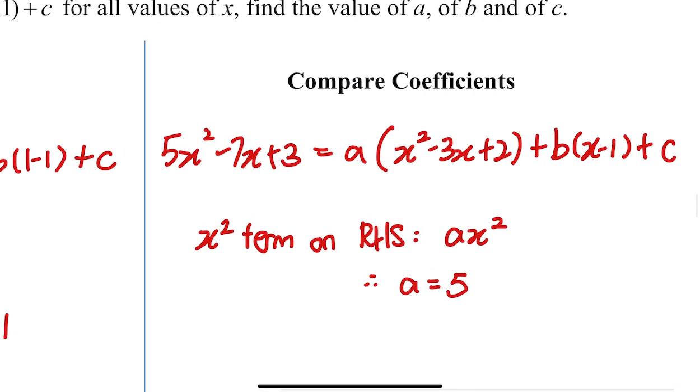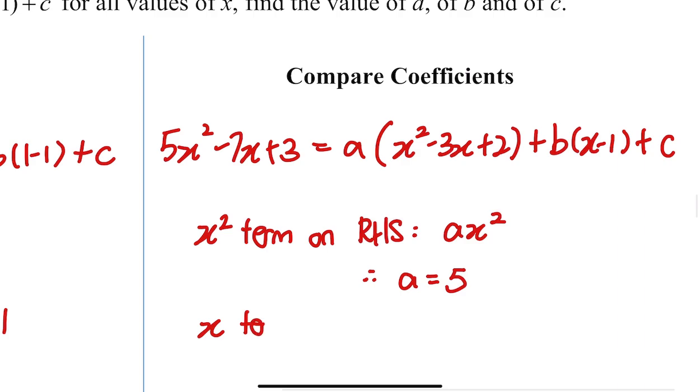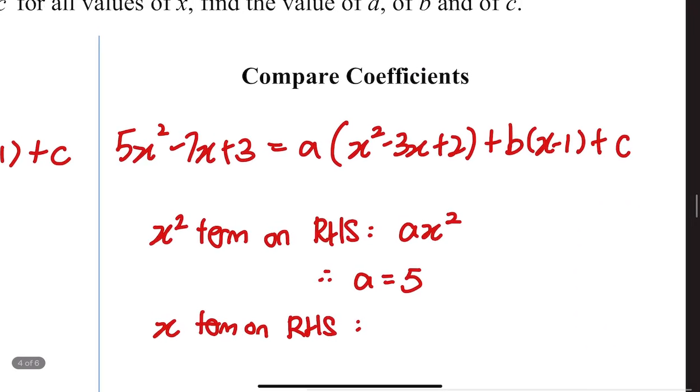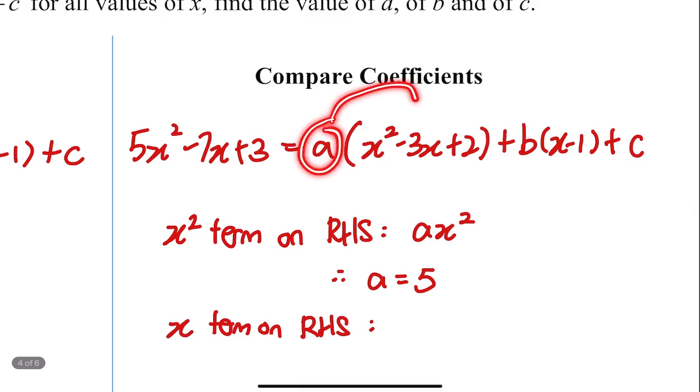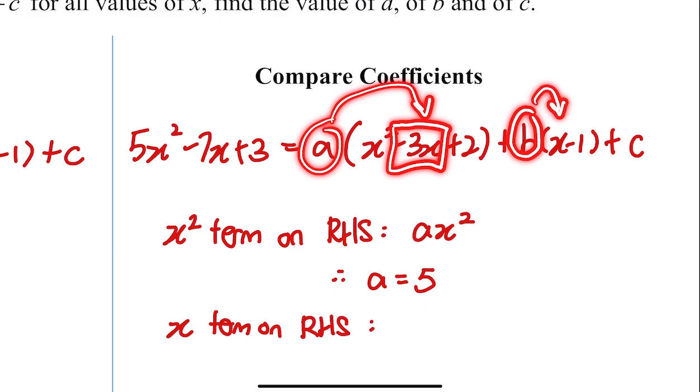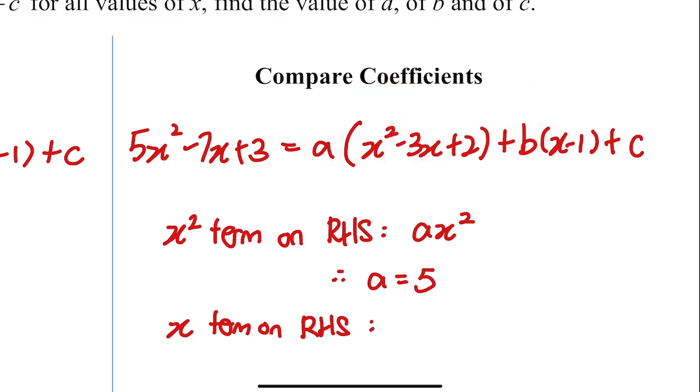If I look at the x term on the right hand side, this is simply equal to this a here multiplied by negative 3x to get an x term, plus b multiplied by this x. This is the only way I can get an x term. So the x term will be simply negative 3ax plus bx.